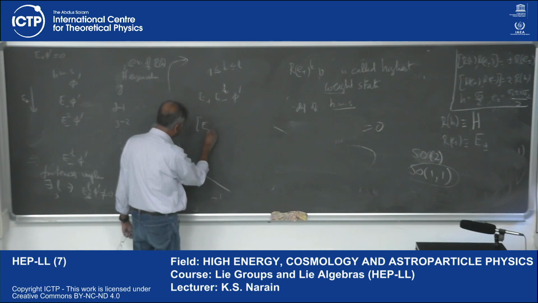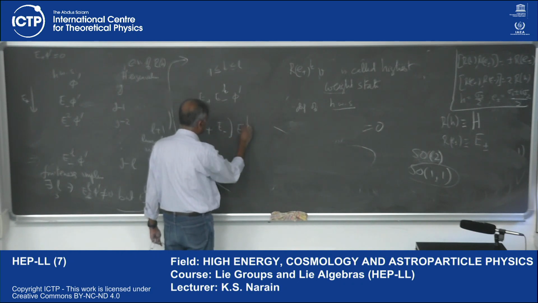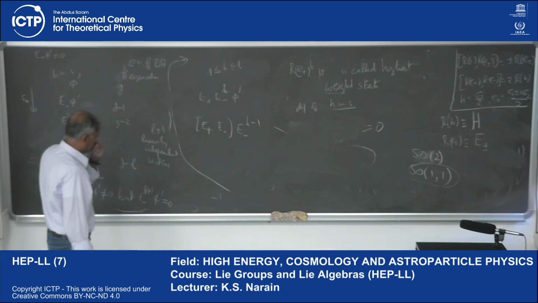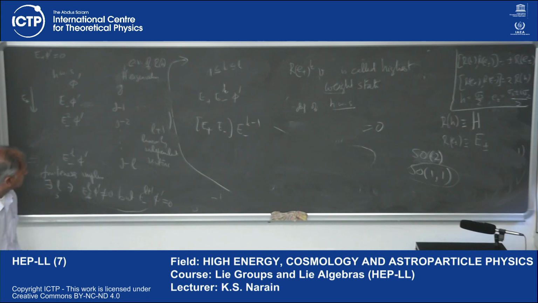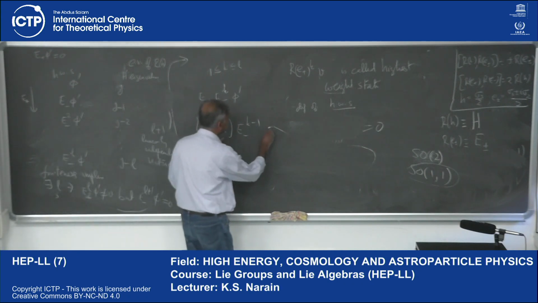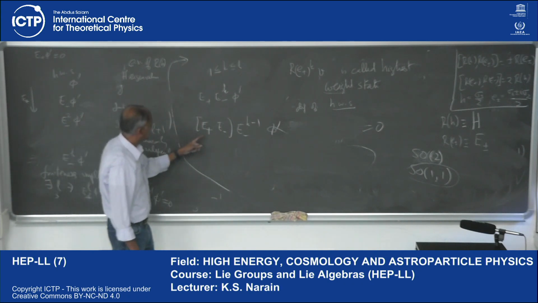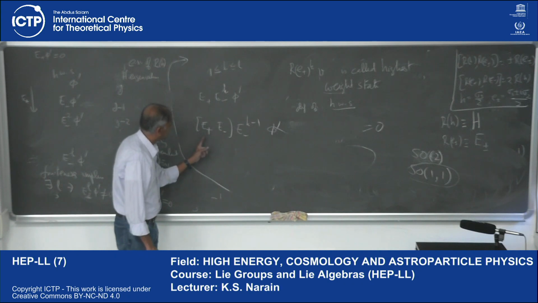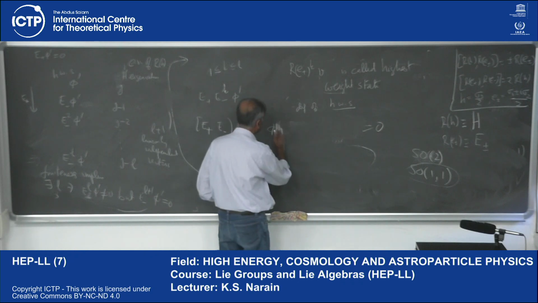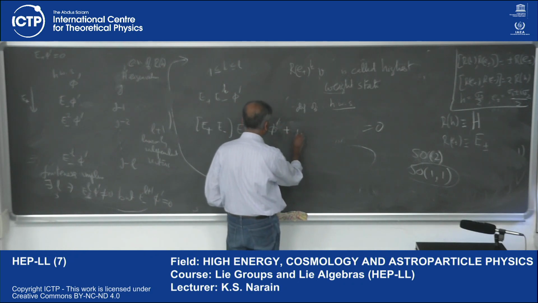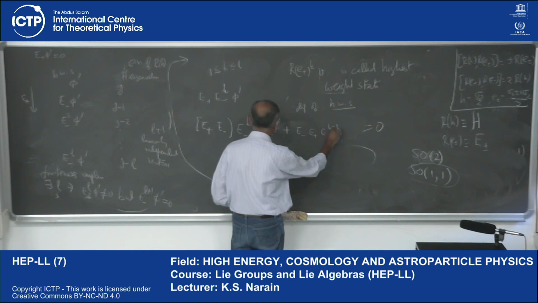Let's write E plus and E minus, then E minus to the K minus 1, phi prime. But there is this E plus E minus minus E minus E plus, so I need to remove that extra piece. When I remove the extra piece, that gives me plus E minus E plus E minus to the K minus 1 phi prime.